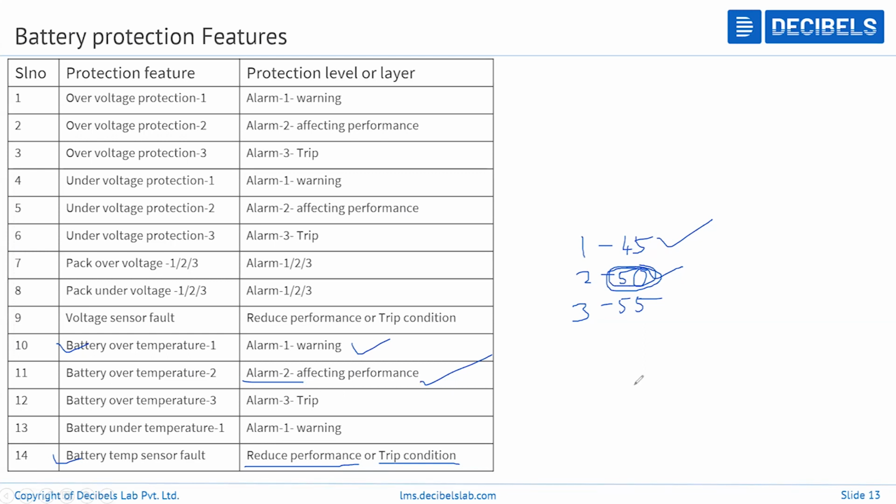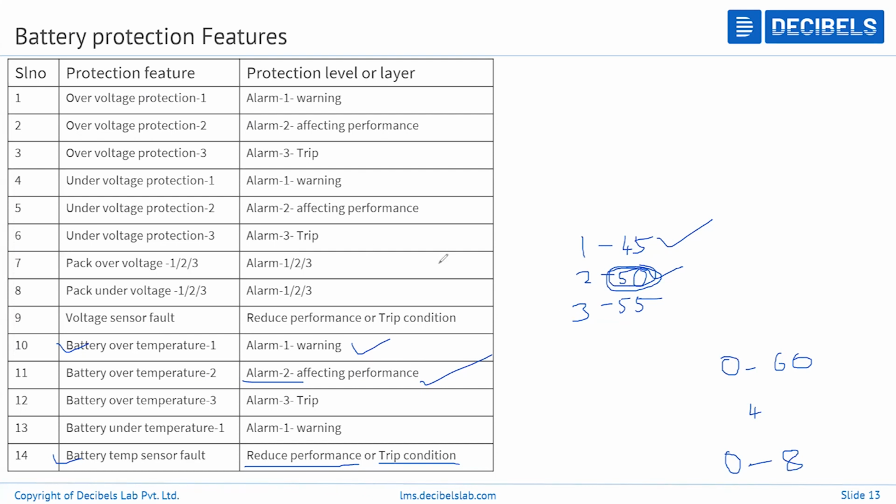The performance suddenly drops. Let's assume your vehicle can reach 0 to 60 within 4 seconds. It's going to reduce. Now it may take 0 to 8 seconds. In this way, your acceleration and everything is going to reduce.